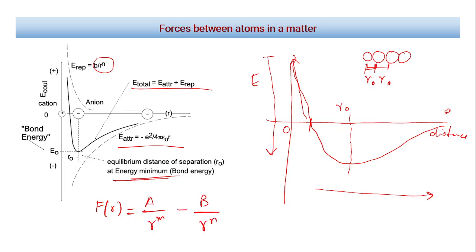R is the distance, and A, B, m, n are different constants that depend on the kind of material or the kind of atom we are dealing with. This is the repulsive force part, this is the attractive force part, and wherever there is a balance between these two, the atoms attain that as the equilibrium distance.